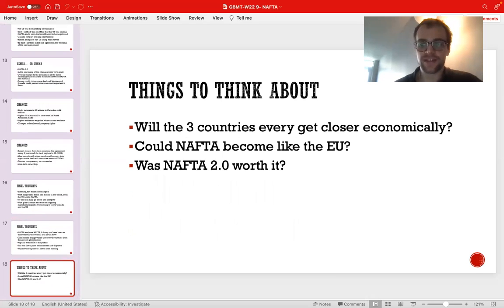So some things to think about. Will the three countries ever get closer economically? Will NAFTA 2.0 lead to even closer integration between these states, or are we going to see a backlash that makes states more divided?